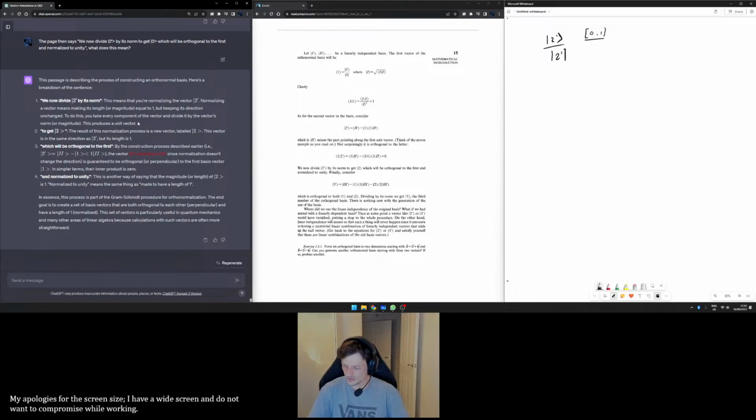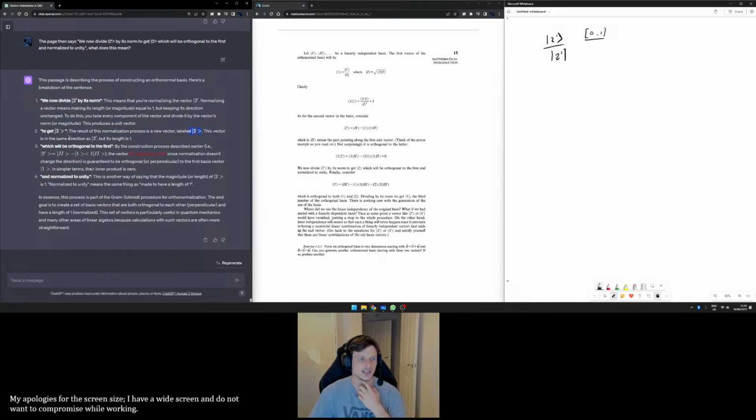So let's try and understand what that's just said. If we're dividing it by its norm, here we go. To get 2, the result of this normalization process is a new vector labeled 2.